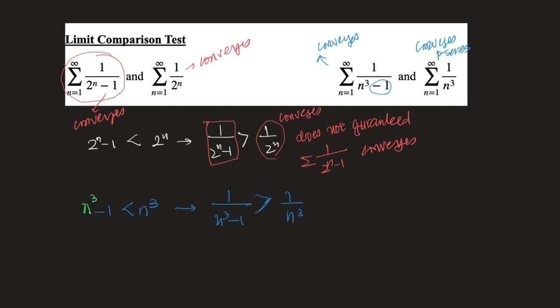This one is bigger, the left side. So we cannot say this series is going to be convergent, because we cannot say the sum from n equals 1 to infinity of n over n cubed converges. So in that case, we cannot use the direct comparison test. I'm gonna introduce the limit comparison test. Next slide.